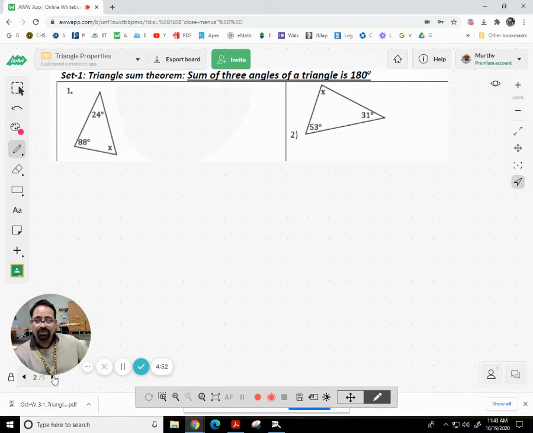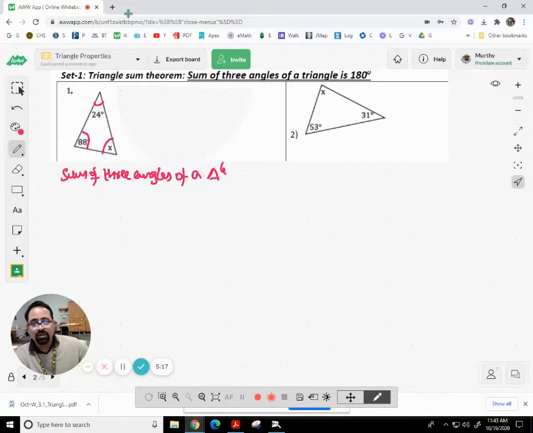There are a couple of examples here, and I see two triangles, and here one angle is missing. We just discussed that the sum of three angles of a triangle equals 180 degrees.